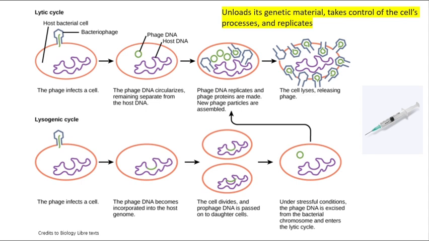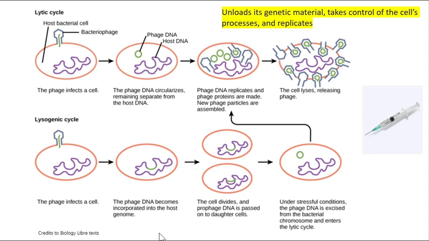Once the number of viruses reaches anywhere from 20 to 500, depending on the size of the virus or the size of the host cell, the host cell can no longer hold them and it will burst open. In a more scientific way, this is called cell lysis.